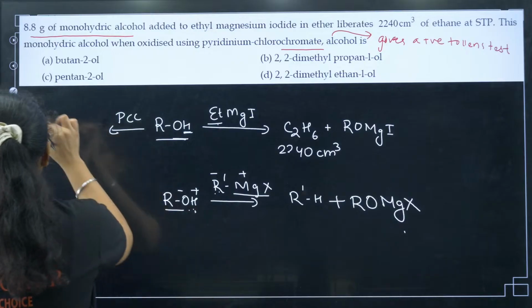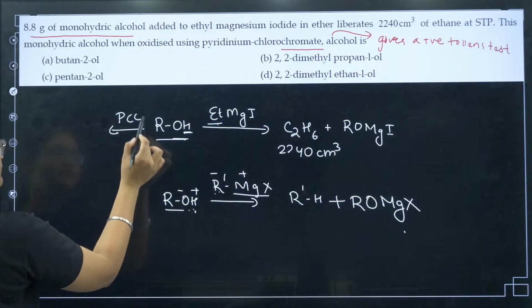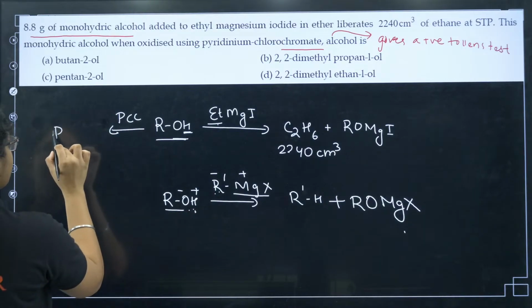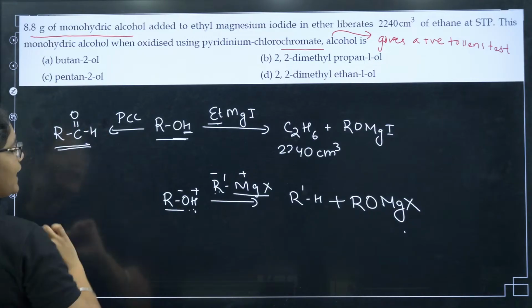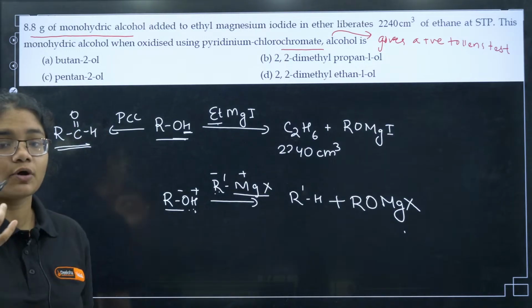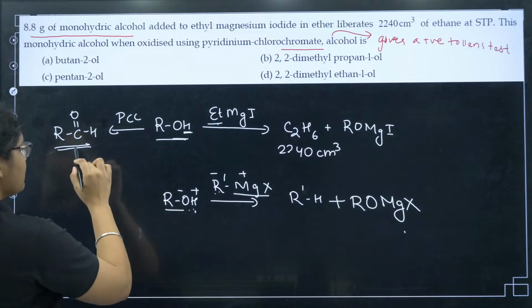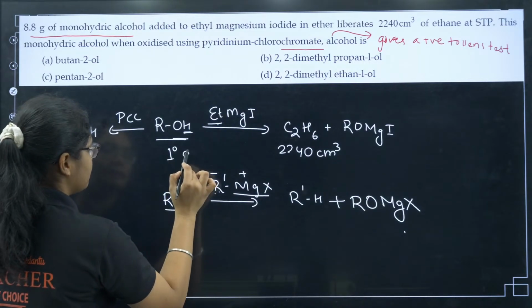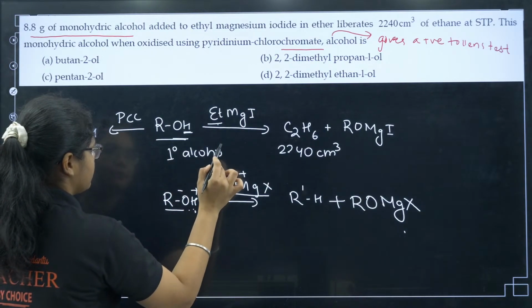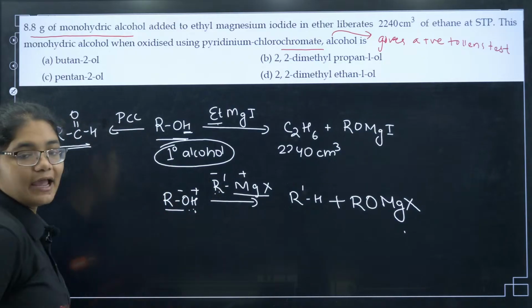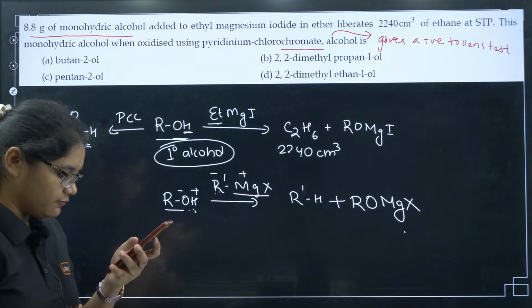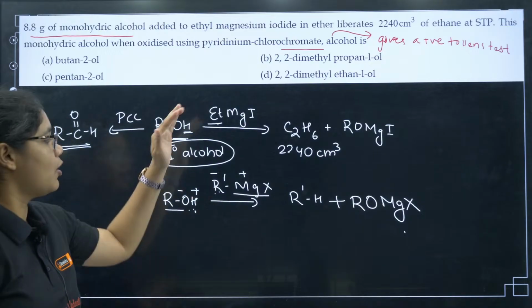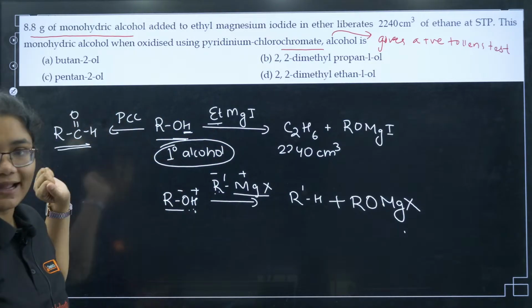That means this group which is giving a positive Tollens test must be an aldehyde group. If this is giving an aldehyde, then this must be a primary alcohol, because primary alcohols on oxidation will give you aldehydes.